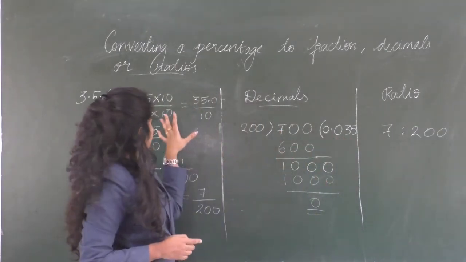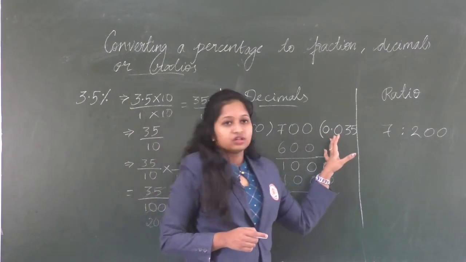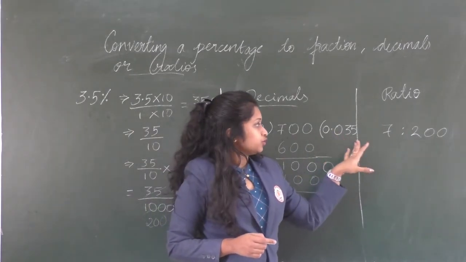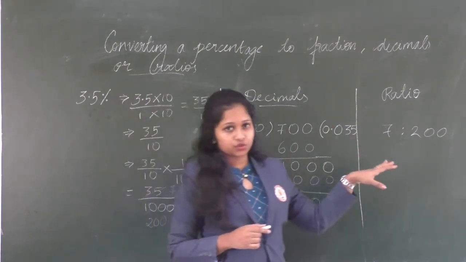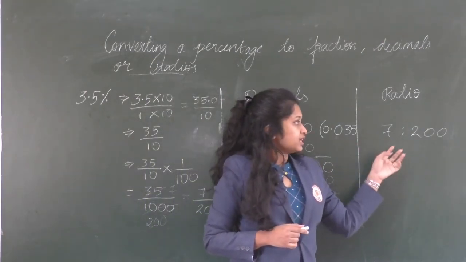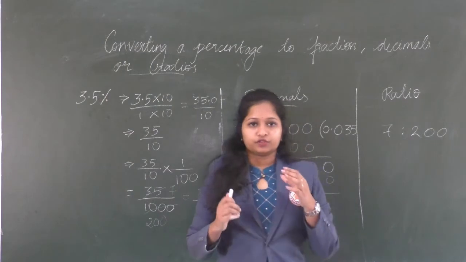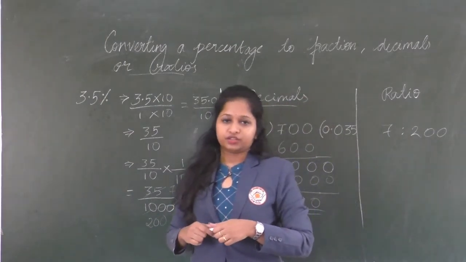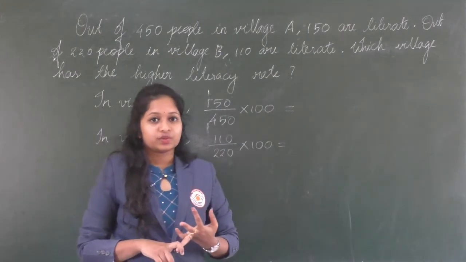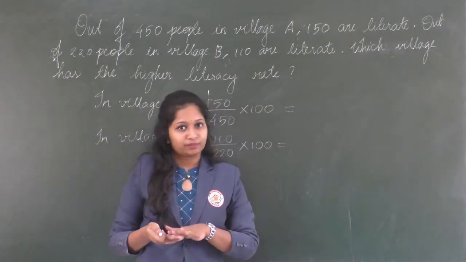So 3.5 percentage is 0.035 as decimals, and as ratios we can write it as 7:200, and in the form of fractions we can write it as 7/200. So children, our next topic is percentage for comparison.